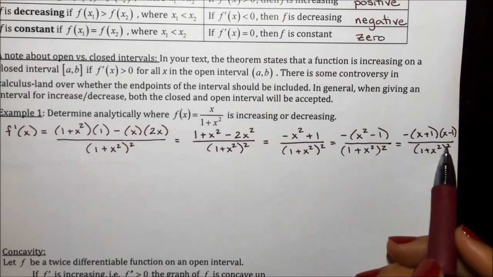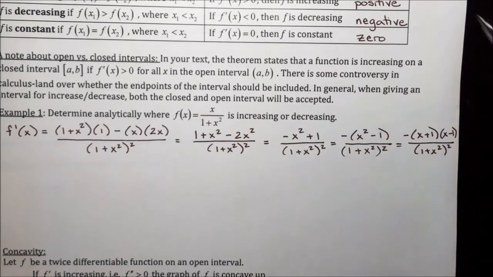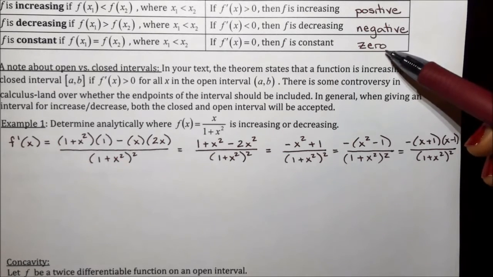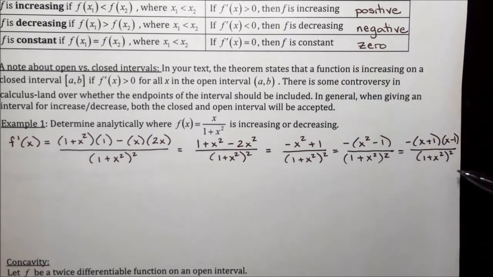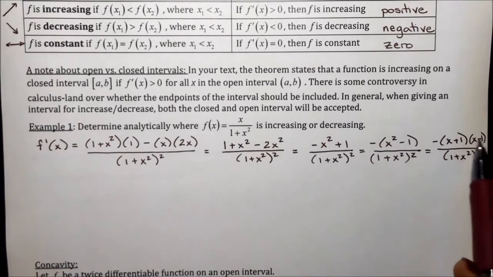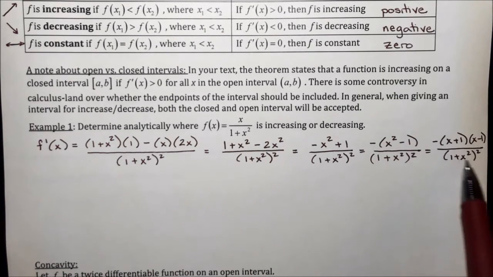So if that's the case, then the first thing I'm going to do is find out where my first derivative ends up being 0 or undefined if I have an asymptote, because those are the two places that it'll change from increasing to decreasing, when the first derivative equals 0 or when the first derivative is undefined.